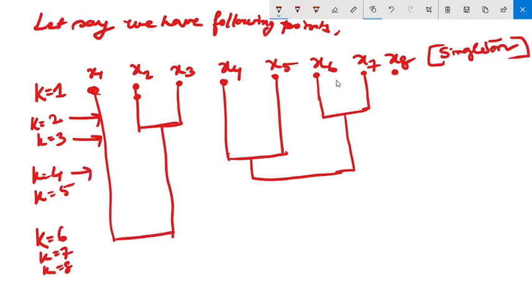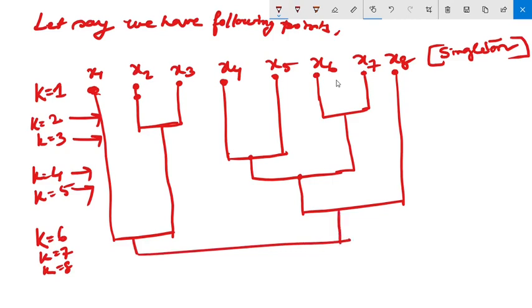So level 4 and level 5, such kind of things happen, and these two group together, and with that the result of x8 is grouped together. That means the merged result of x4 and x5, the merged result of x6 and x7, whatever the merged result of them, has been grouped with x8. And then finally all of this has been grouped together, and you are getting a single cluster. Okay, so this is what happens.